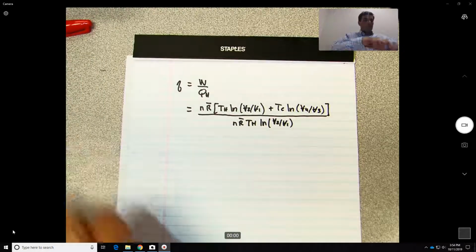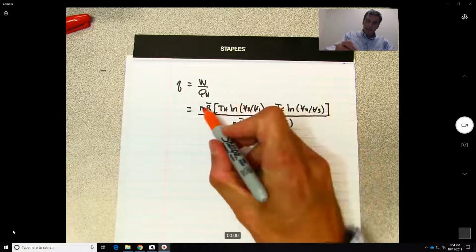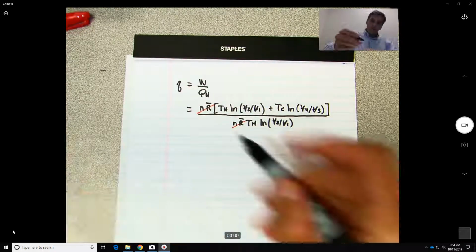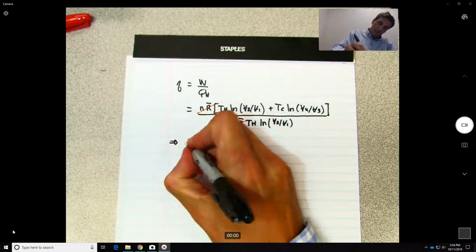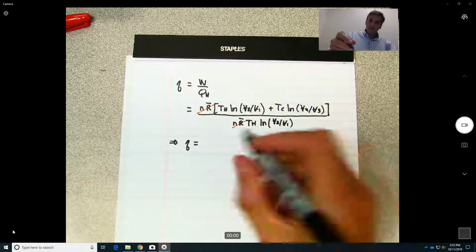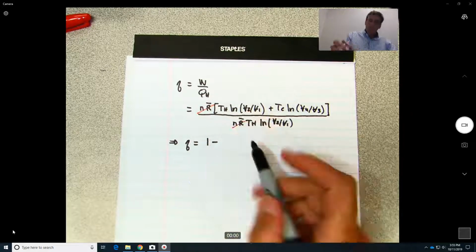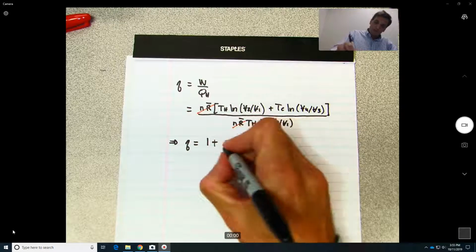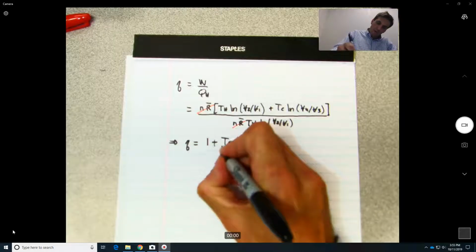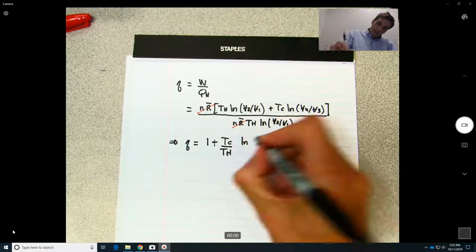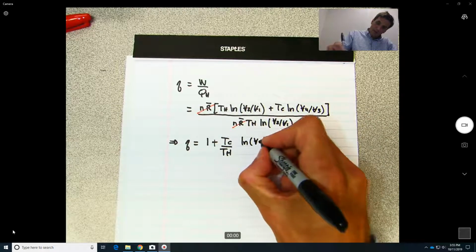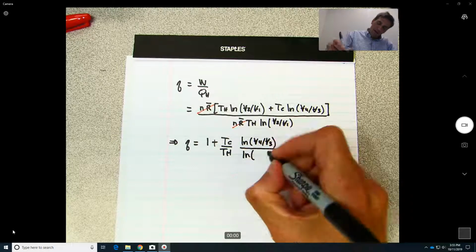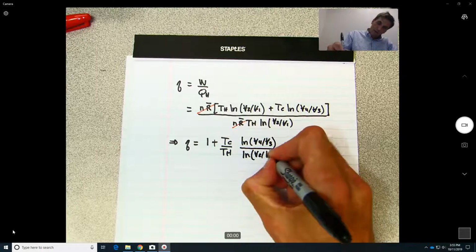Okay, so now you can see right away that this can cancel, and this will actually be equal to what? 1, you divide this one by this one, it's the same, plus Tc over T hot log V4 over V3 divided by log V2 over V1.